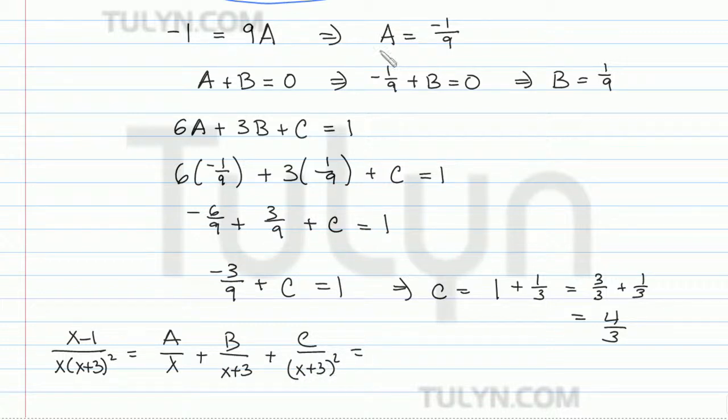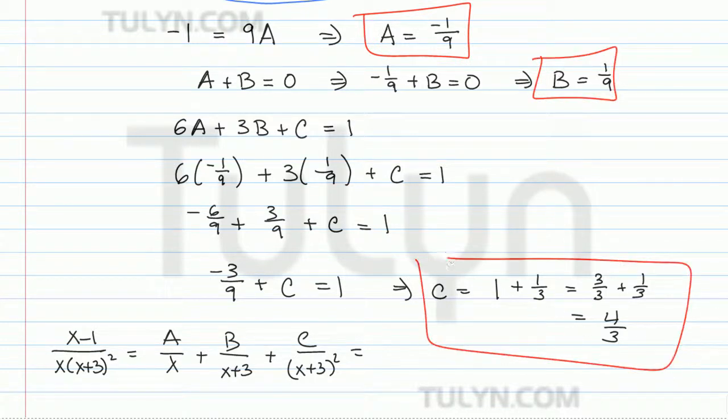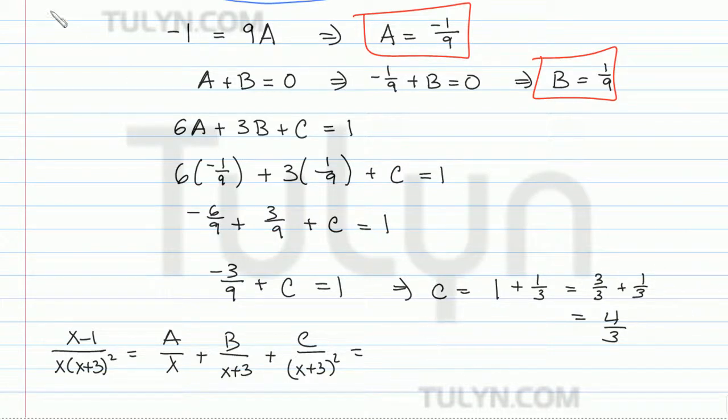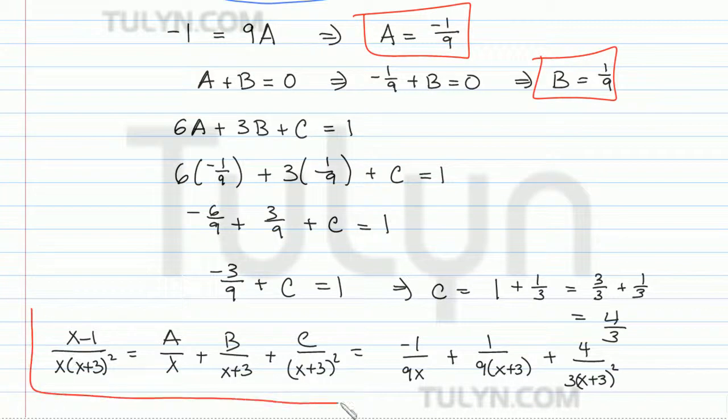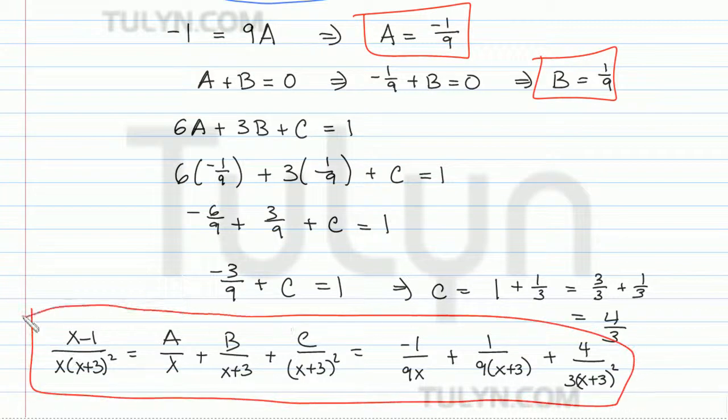And plugging in the values we found for A, B, and C, our solution becomes, let me fit it down here since I'm running out of space. A is negative 1/9, so we get negative 1 in the numerator over 9x. B is positive 1/9, so we get 1 over 9 times x plus 3. And then C is 4/3, so in the numerator goes the 4, and in the denominator goes the 3 times x plus 3 squared. So this is the partial fraction decomposition for the rational expression x minus 1 over x times x plus 3 squared.